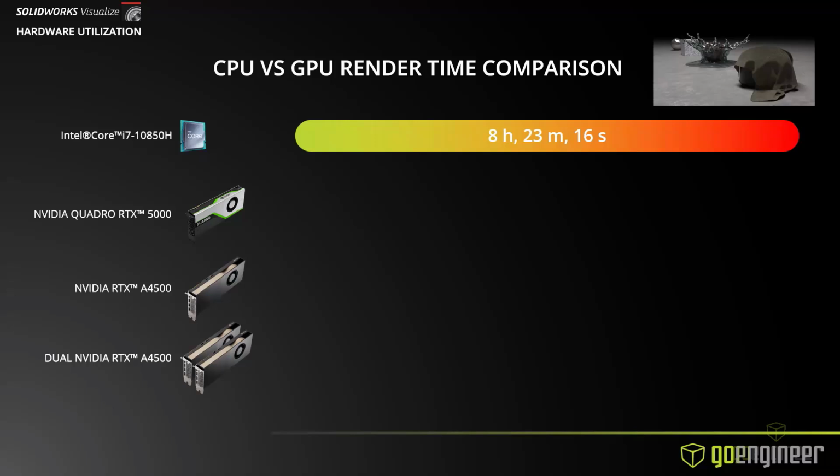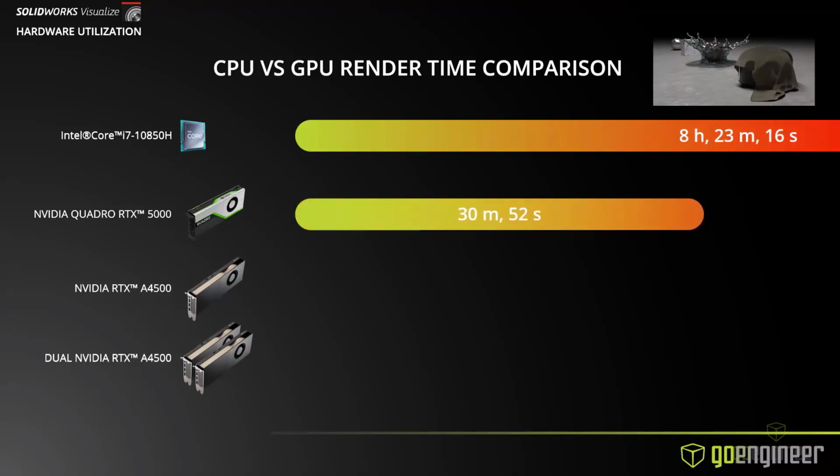So pretty unrealistic to try to do this with a single image, but watch what happens when I change it over to just my GPU. Now my laptop is running the last generation NVIDIA Quadro RTX 5000, and with the GPU alone, it took 30 minutes and 52 seconds.